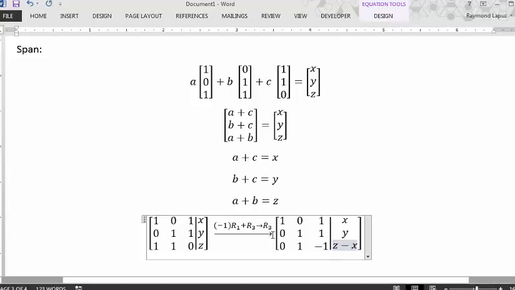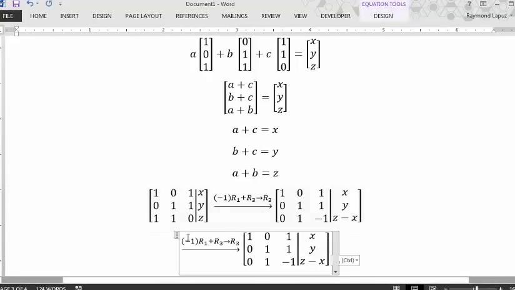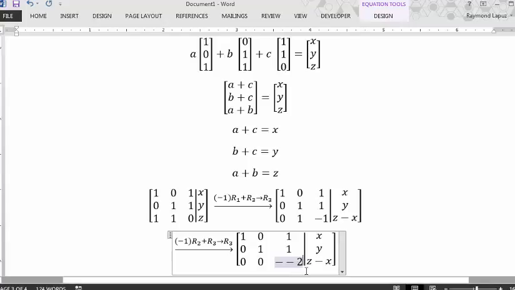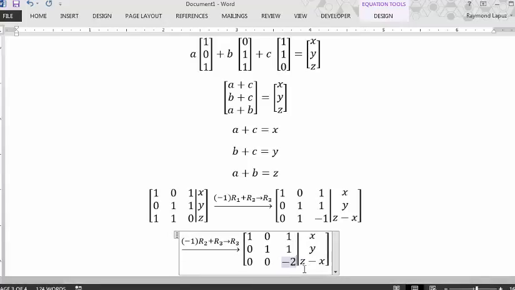Okay, so now let's do the same over here, but this time we'll multiply negative row 2, and then we'll replace row 3. So this would make this into a 0. This will make this a negative 2. And this will replace this into this minus x.